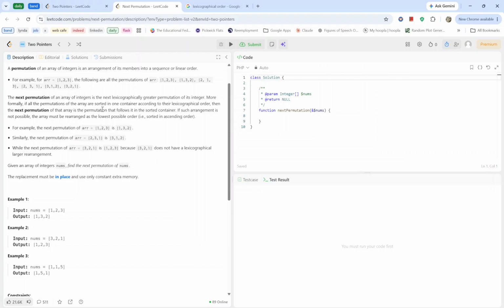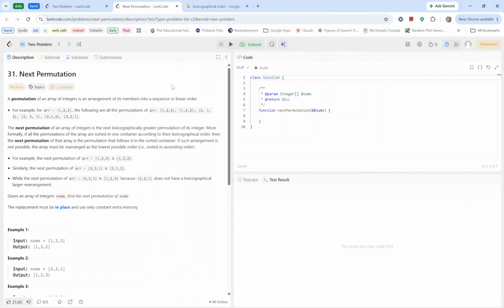But I don't know what's the best way to rearrange these numbers. Okay, so I think there needs to be an array that already has these numbers, right?